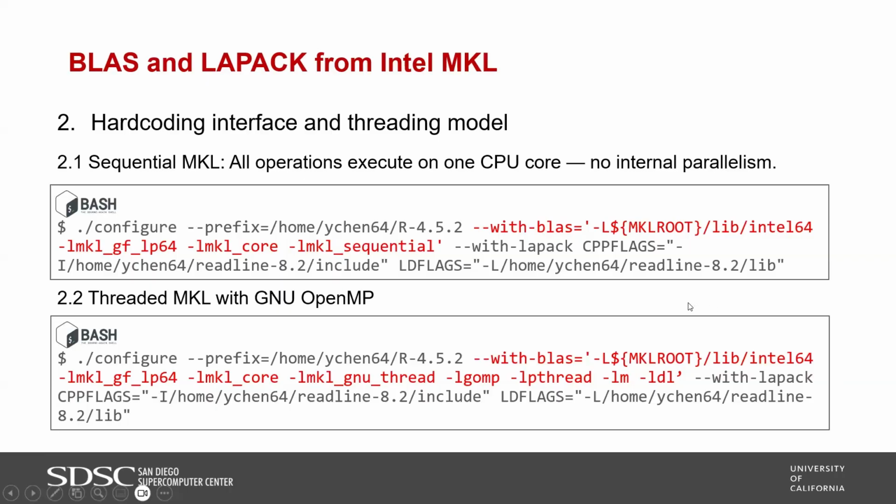What you need to do is specify the path to your MKL and specify a few system libraries, and you don't need to worry about what those libraries mean because they are specified and already provided in the official CRAN menu.